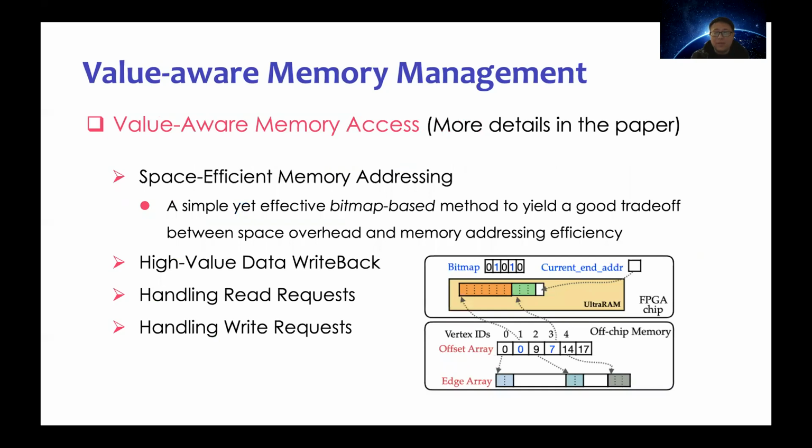In this differential memory architecture, both UltraRAM and the off-chip memory have the age data. Thus, we must know which memory and where the corresponding age data are located when a vertex is being processed.